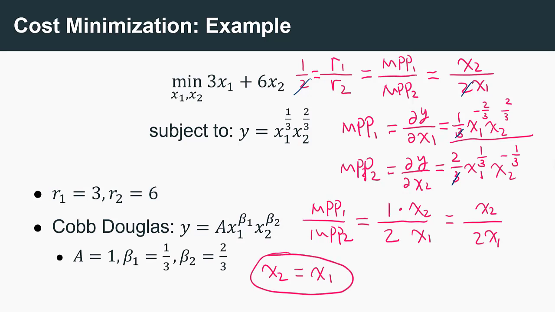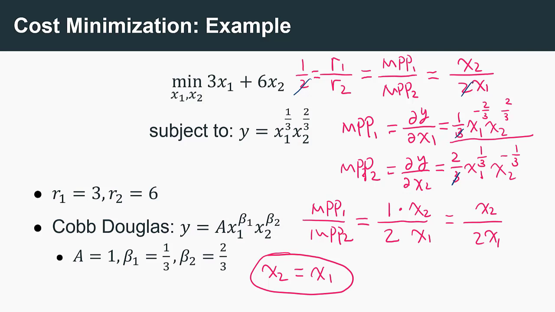So in order to minimize the cost of producing a given level of y, we have to use x1 and x2 in the same ratio. Are we done here after we know that x1 and x2 should be used in the same quantity? No, actually. We have to do one more step here, which is to plug this relationship into the production function.